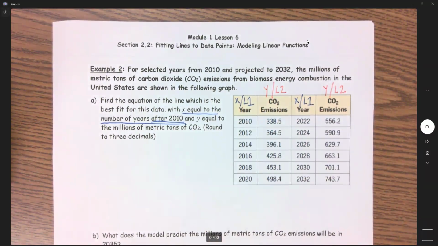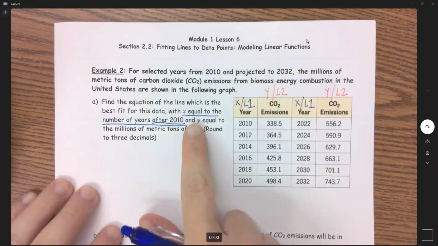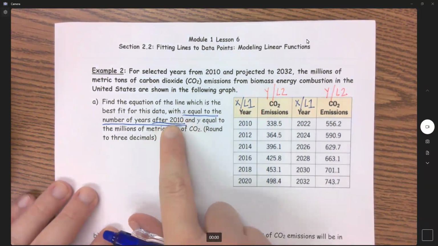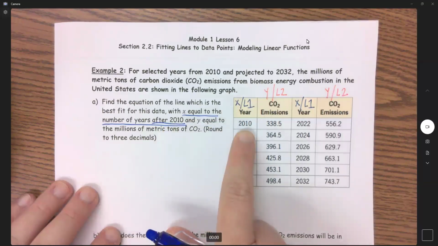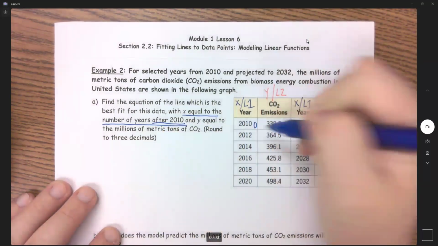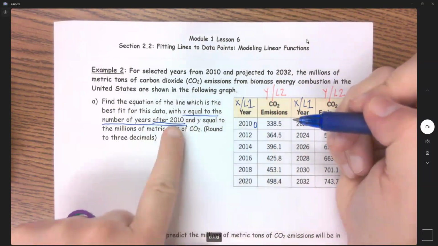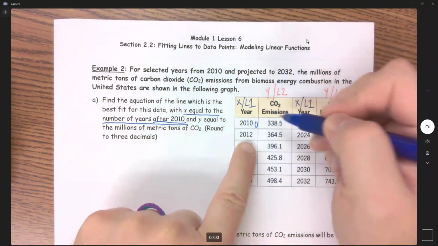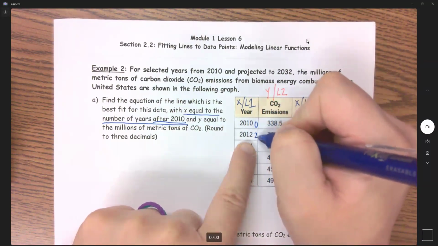Now we do need to fix our X's, since X is not just the year, but the year after 2010. That means this one right here, X equals 0, because 2010 minus 2010 is 0. So now we're 2 years after 2010.